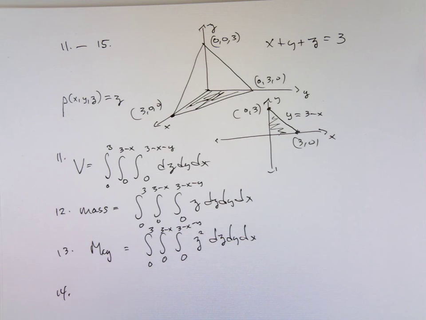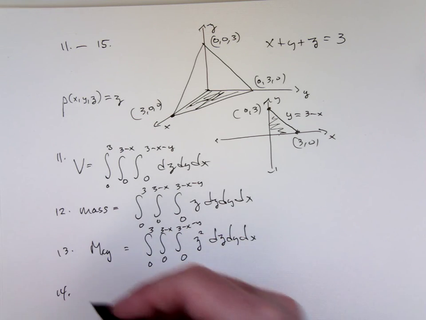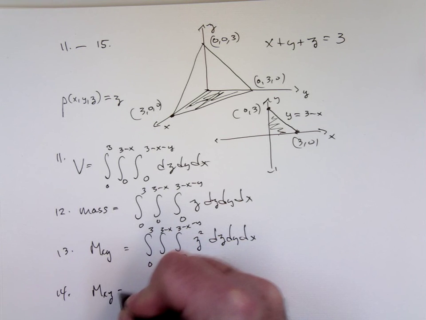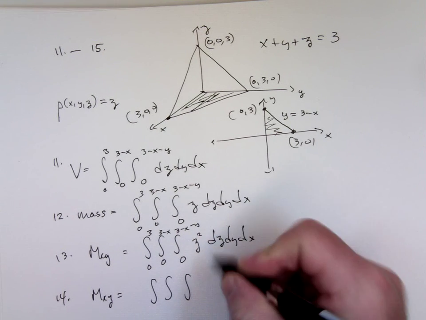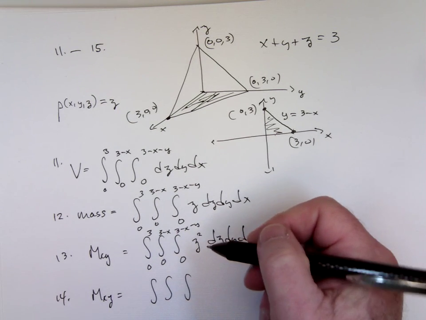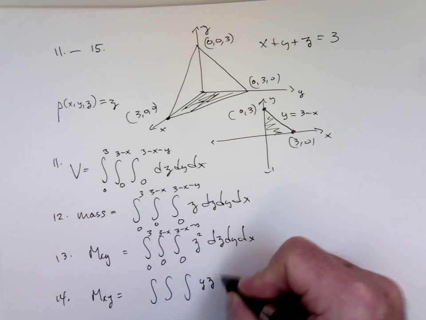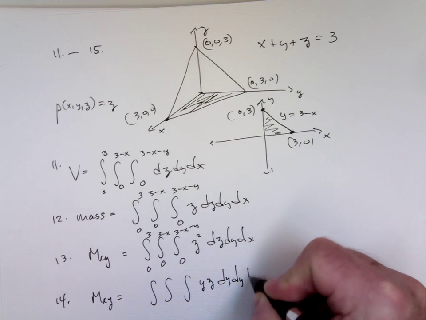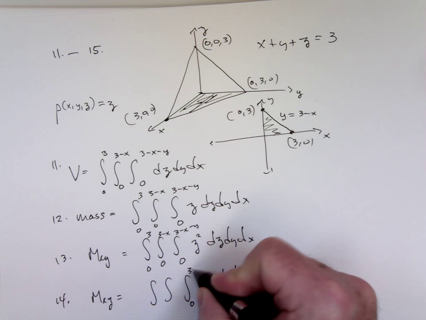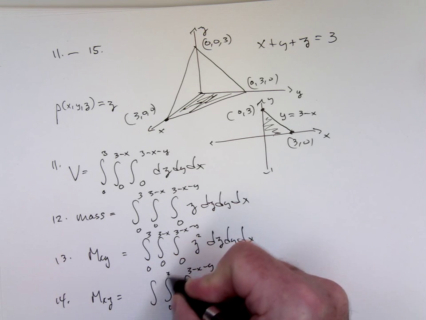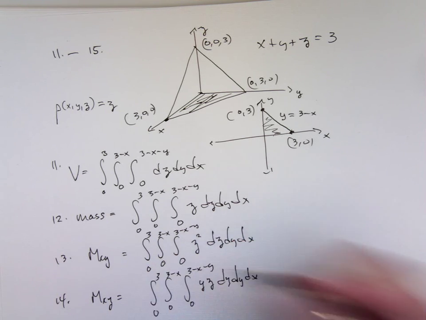And now the moment from the xz plane, that distance is y, so we're going to have a yz. And that's what we have.